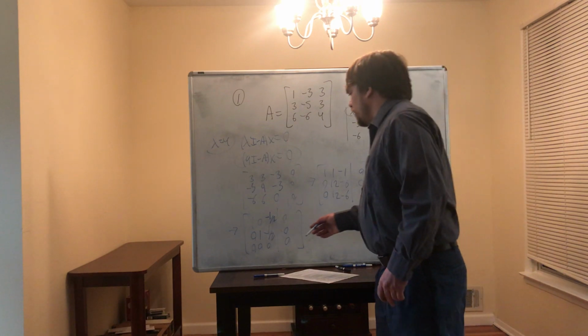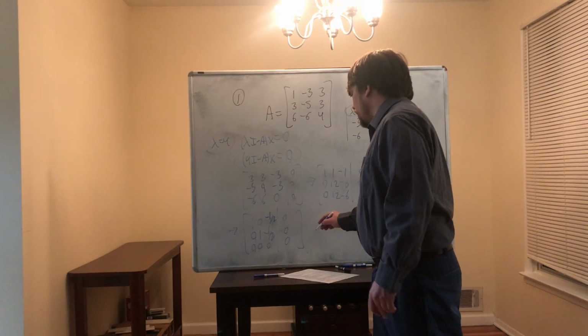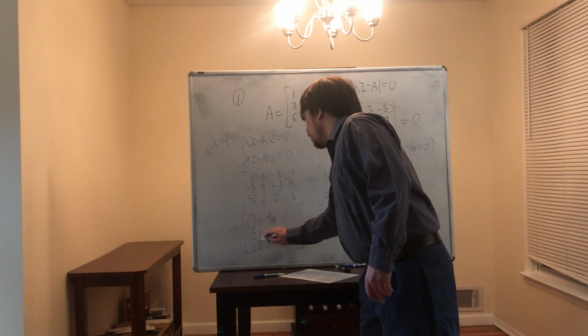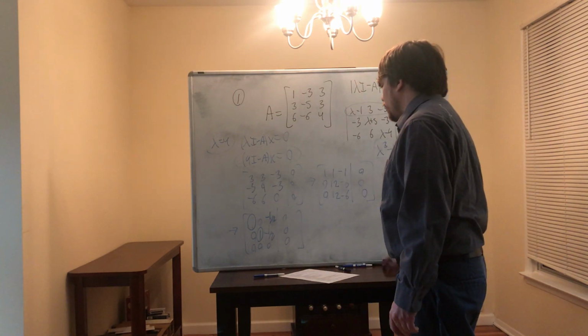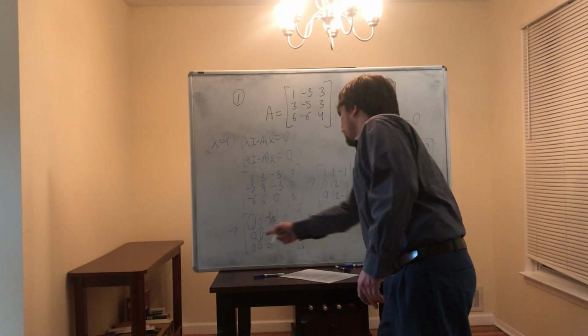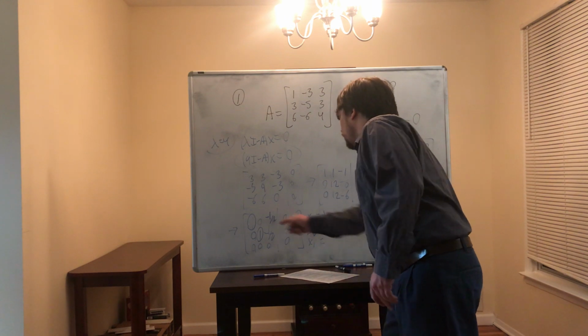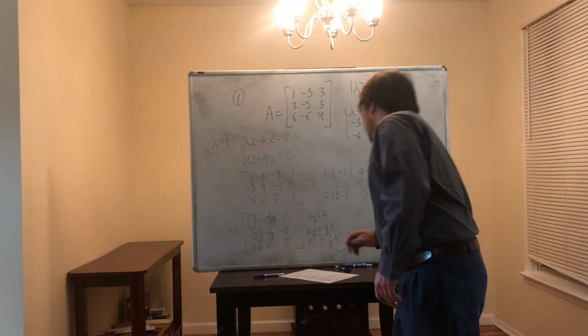Now if you let the vector x be x1, x2, x3, then x1 and x2 are leading variables, x3 is a free variable. So x3 is going to equal t, x2 is going to equal 1/2 t, and x1 is going to equal 1/2 t.